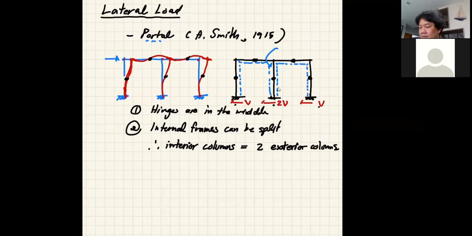Okay, that is the Portal method. I should write here, this is appropriate for low building frame.